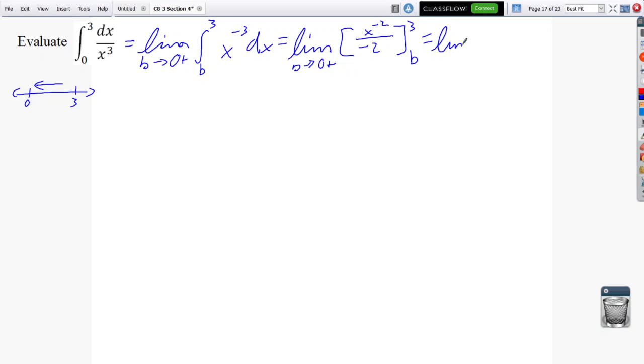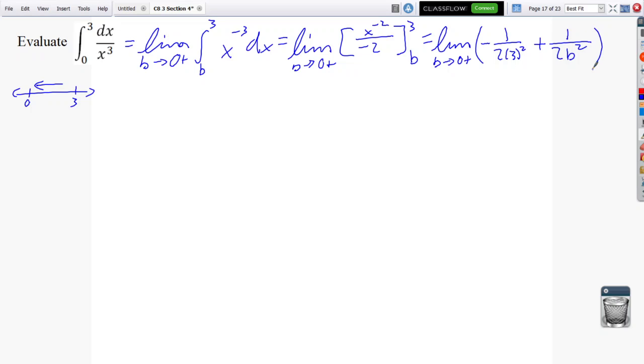So I can write this as limit as b approaches 0 from the right. Again, not worrying about that limit yet. We'll worry about it soon enough. -1 over 2 times 3 squared minus -1 over 2b squared. All right, cool.